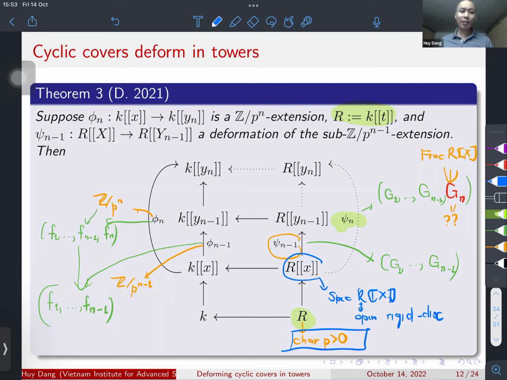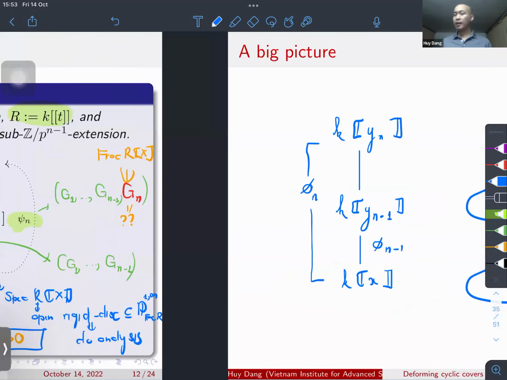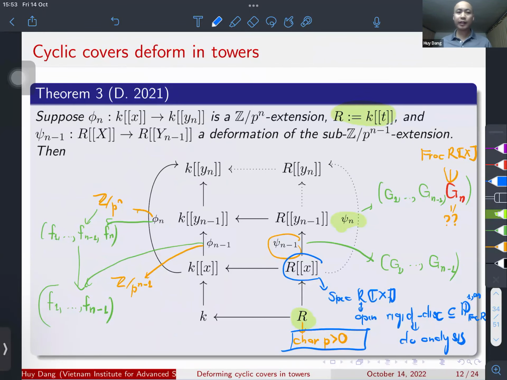Then you can apply non-Archimedean geometry to study that, so you can do analysis on it. It is an open rigid disk, and you can think of it as contained in some kind of analytic affine line, or analytic projective line, over the fraction field of R. So we can do analysis, and that is the upshot of this. Before we move on, are there any questions?